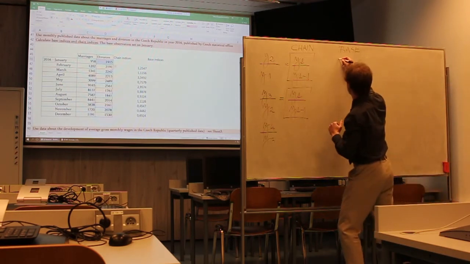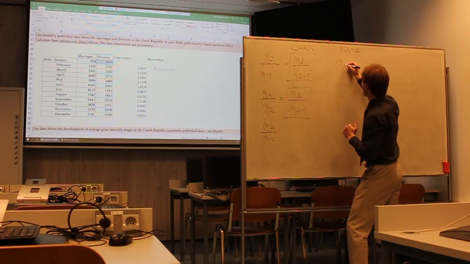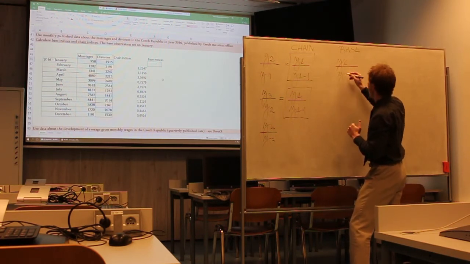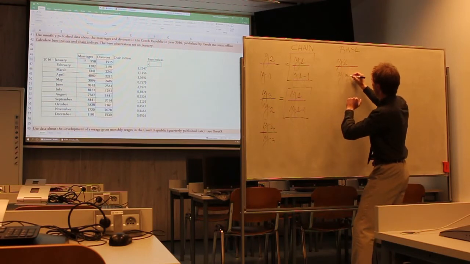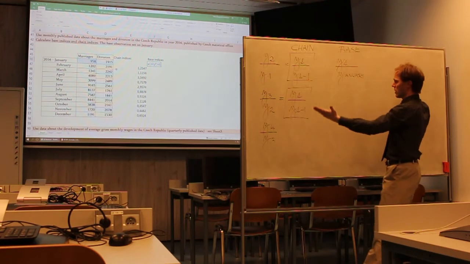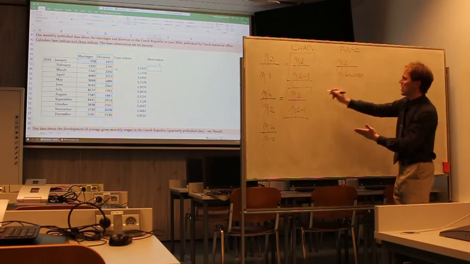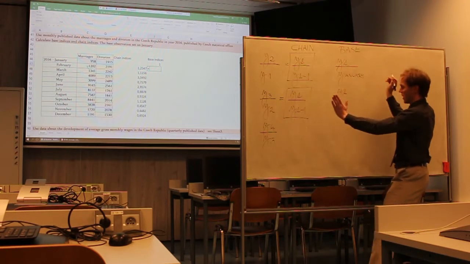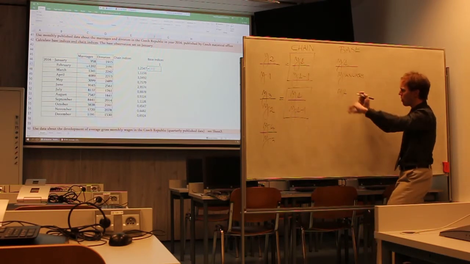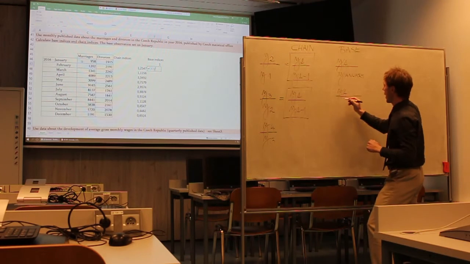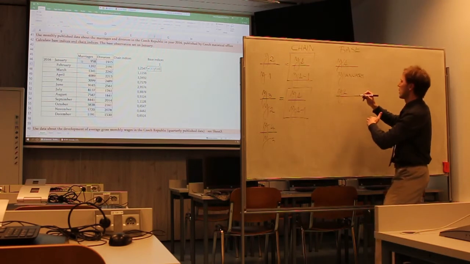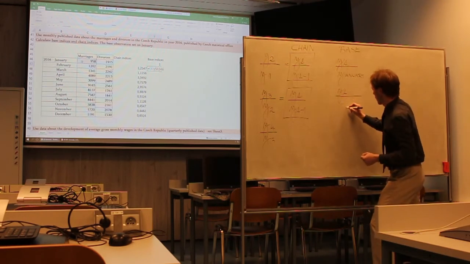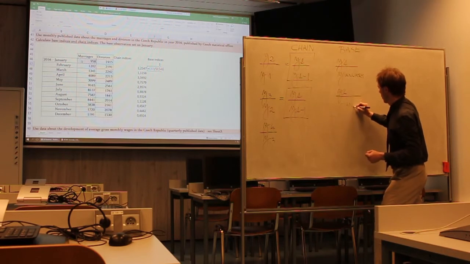So this will be the observation y in time t divided by the observation y in January. And we will continue with another observation y in time t, in the particular row, divided by y in January.